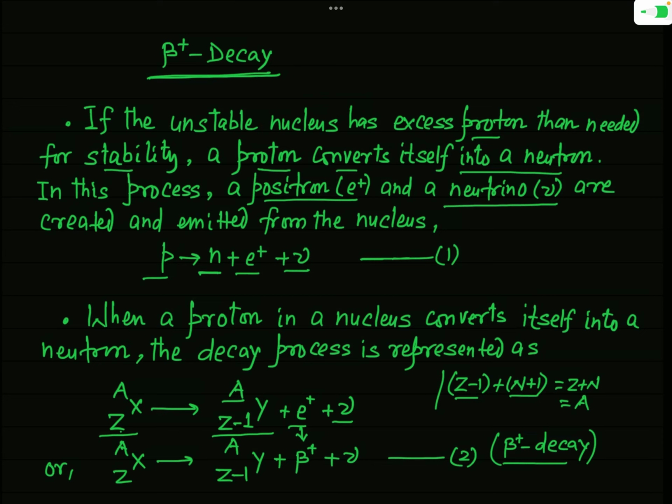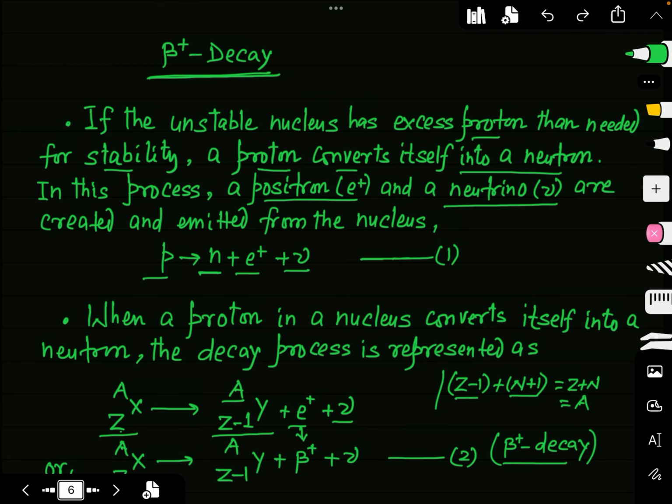If there is a bulk of nuclei, then a large number of beta plus particles will be emitted from that bulk, and that will be called beta plus ray. So this is the process of beta plus decay.